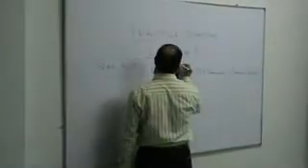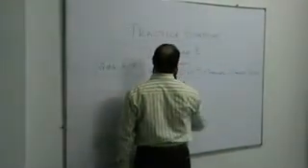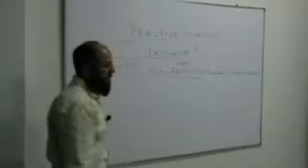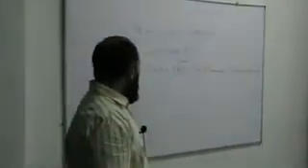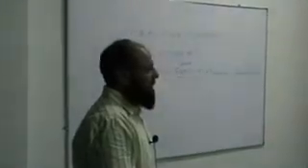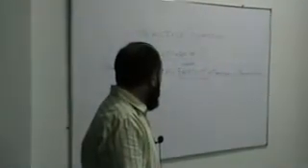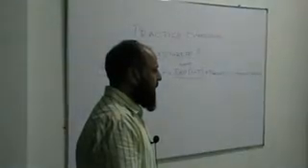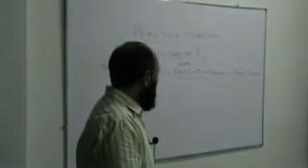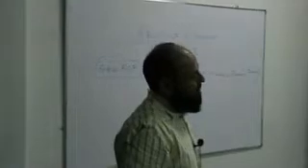This is NOPAT. Net operating profit after taxes. EBIT(1 minus T) is NOPAT, net operating profit after taxes. So this is in fact earning after tax, net operating profit after tax.